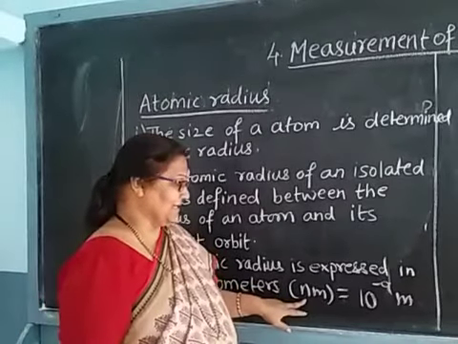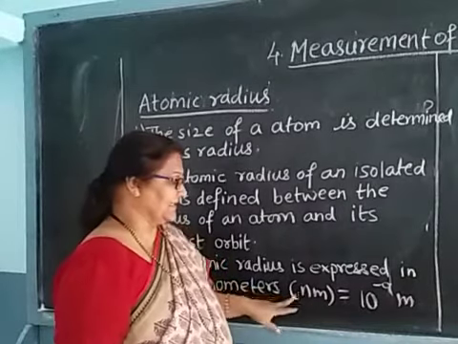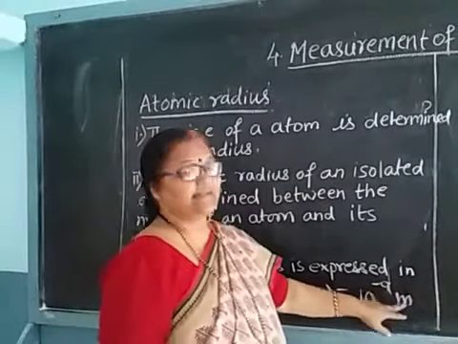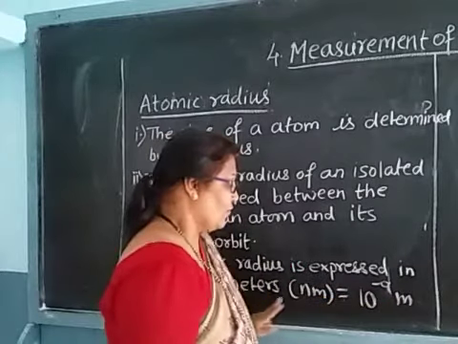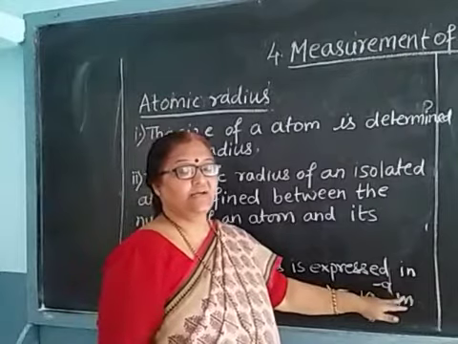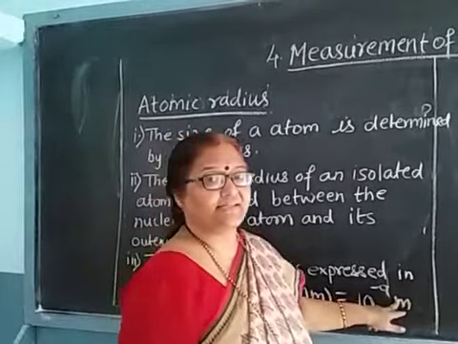N stands for nano and m stands for meter, that is nanometer. That is equal to 10 raised to minus 9 meter. That means 1 nanometer is equal to 10 raised to minus 9 meter. So this way we can determine the radius.